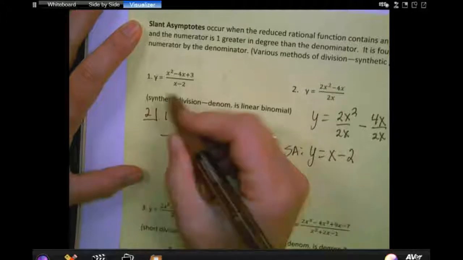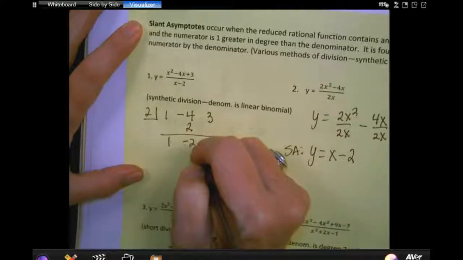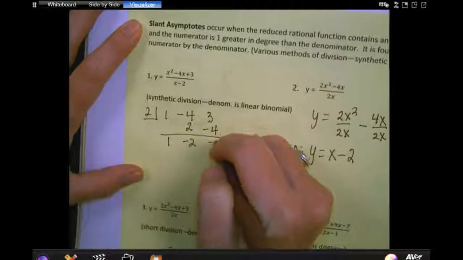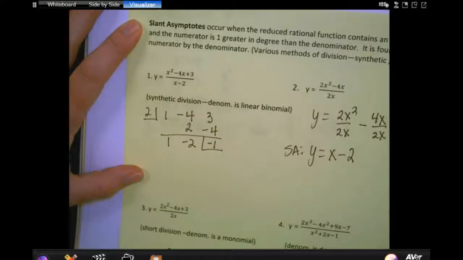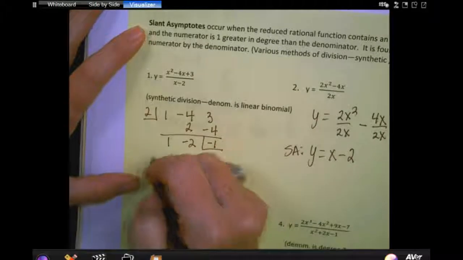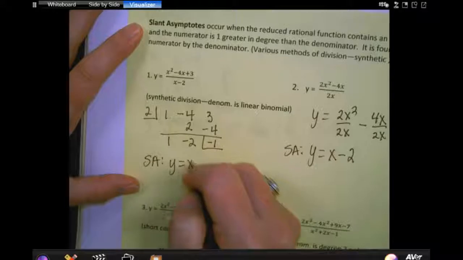So I bring down the 1. 1 times 2 is 2. This is -2. 2 times -2 gives me -4. And what is the -1? And what did I just say we're doing with the remainders? So if I write the slant asymptote, it's x minus 2.